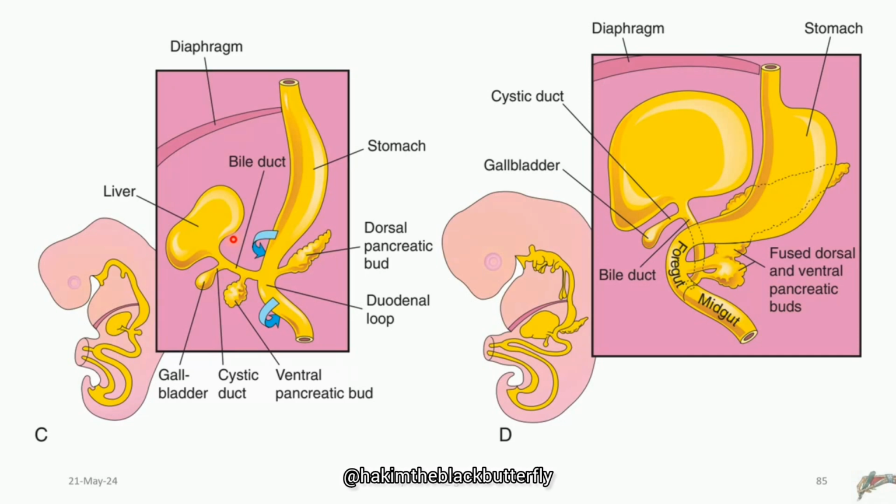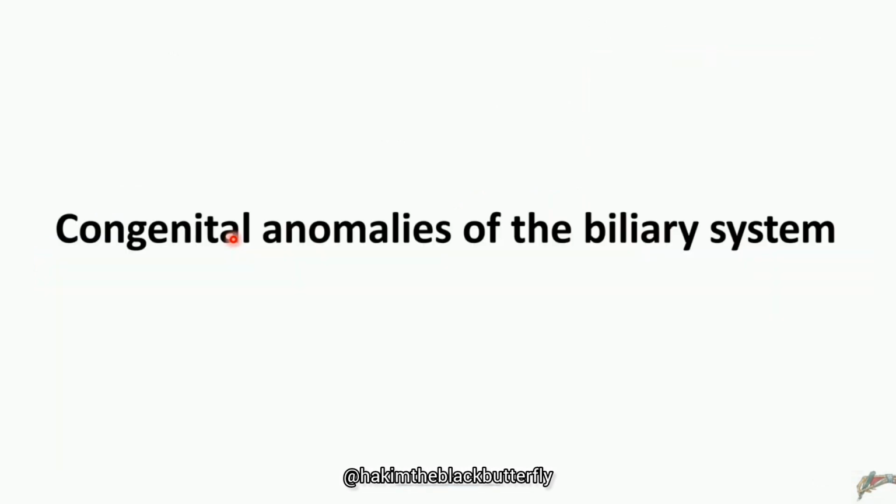All those will arise from the septum transversum. Okay, so that's a simple embryology. Of course, there is more detail to that, but to make it simple, that's what we can talk about.